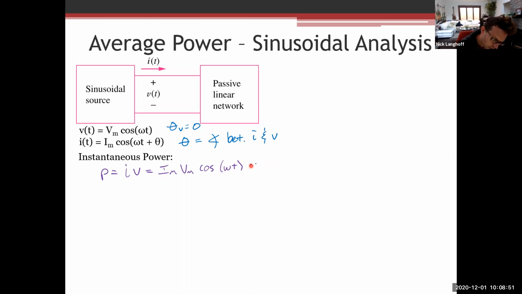My bad, I said phi, I meant to say theta. Theta is the angle between the current and voltage waveforms.